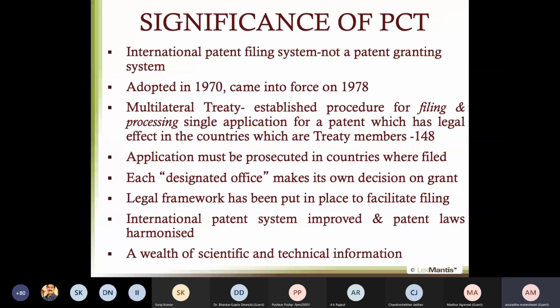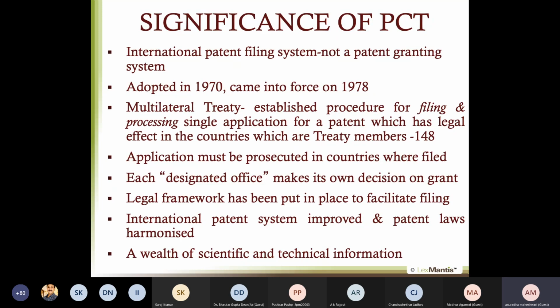All right. I'm going to just talk in one line about the Patent Cooperation Treaty. I told you patent is only in the country of filing. I get a patent for one country. I cannot protect my invention in other countries of the world. If I need to protect my invention in other countries, I have to seek a patent separately.